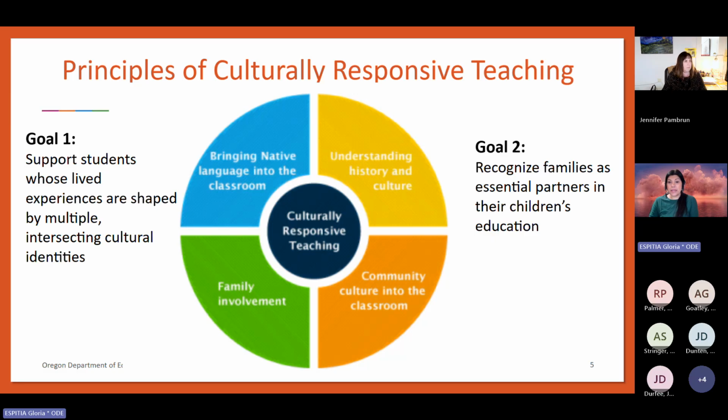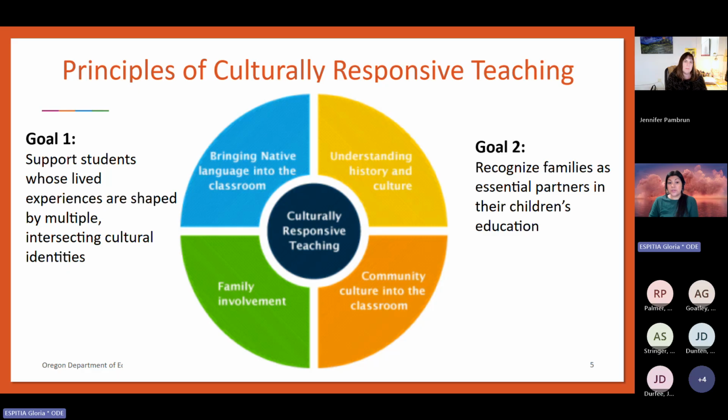These pillars intersect. They're not chronological, nor do they follow a sequence, but you'll see how they integrate and leverage each other. Starting with family involvement, it encompasses the active participation of families, such as attending parent-teacher conferences, participating in school events, assisting with homework, and engaging in conversations about students' academic progress.